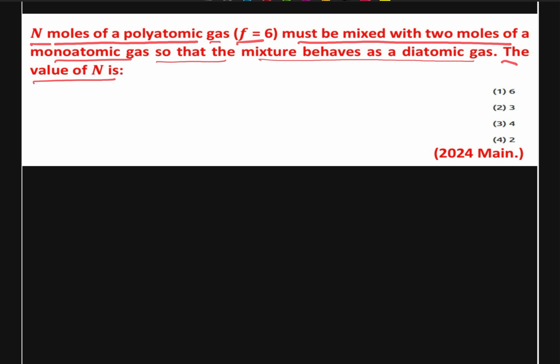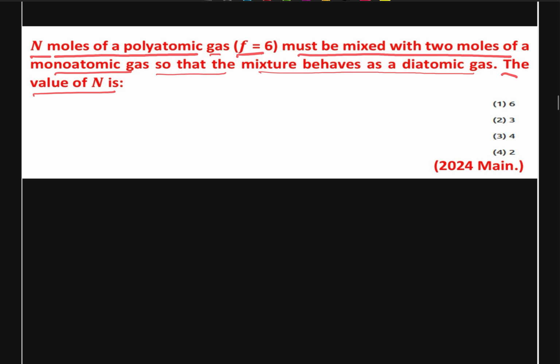We are given that the mixture should be diatomic. Let me write the formula.